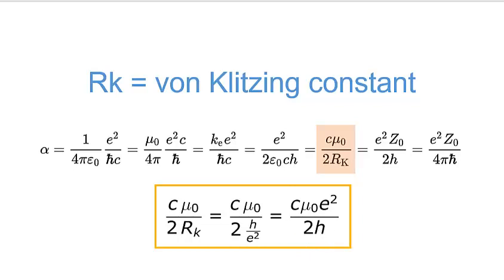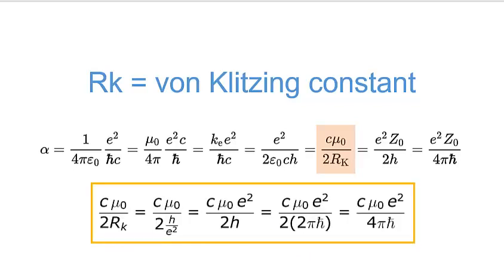When you work this out, you will notice that h, Planck's constant, is 2 pi times reduced Planck's constant. And when you combine these terms, you get 4 pi h bar. And then you will see that this one here is actually this one in disguise.